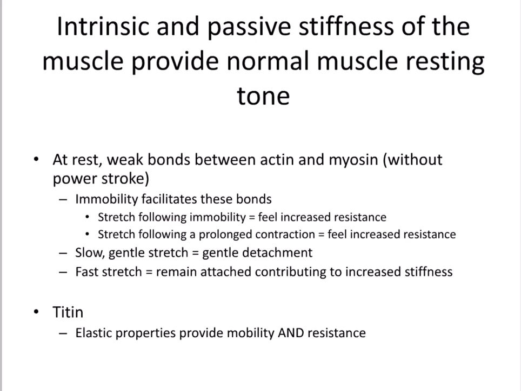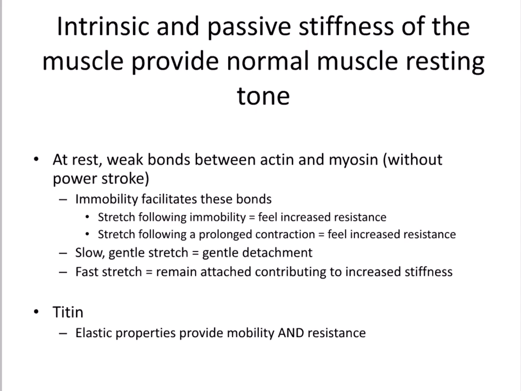If the muscle is contracted, then you have maximum overlap between the actin and myosin, and if you immediately try and stretch out the muscle, you'll feel an increased resistance to that muscle stretch.